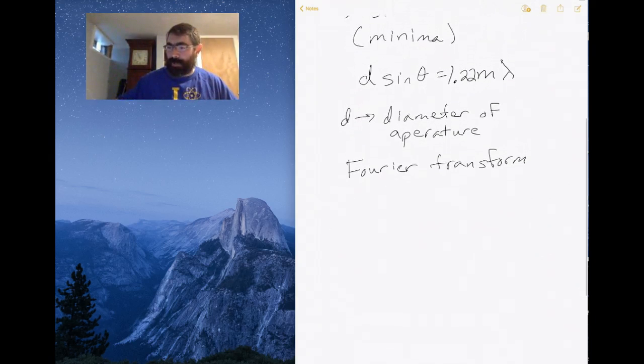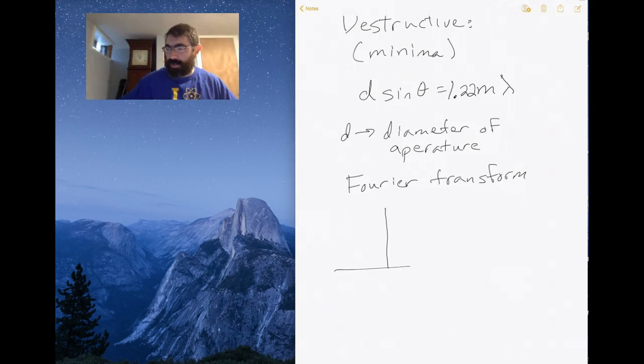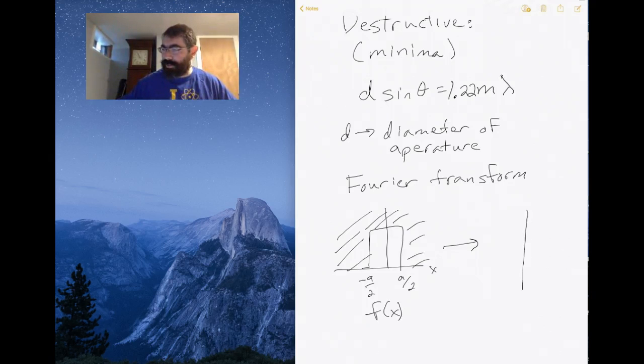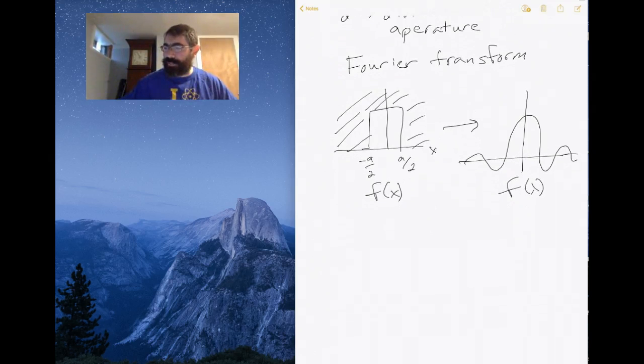Before, if you remember, in space, my rectangle form, my single slit, which in x has some width going from minus a over 2 to a over 2, when you transform it, this is my function of x, and when I transform it into wavelength space, what I get is the sinc function, the sine of alpha over alpha, where we said before alpha is a function of wavelength.